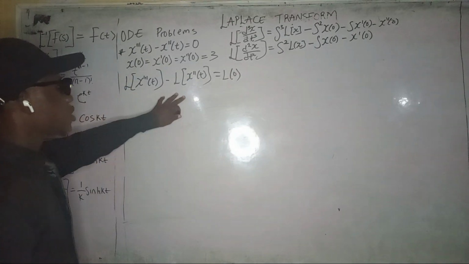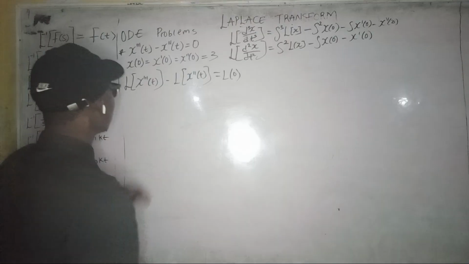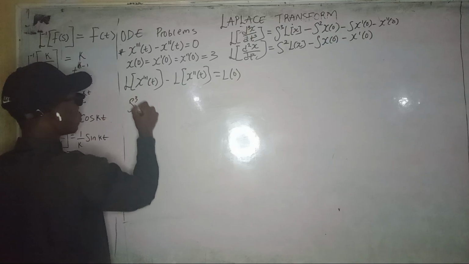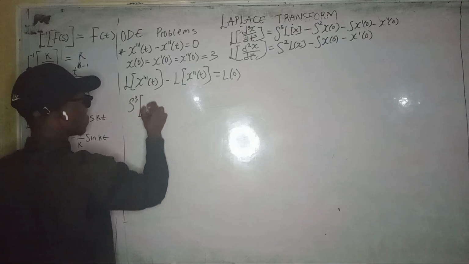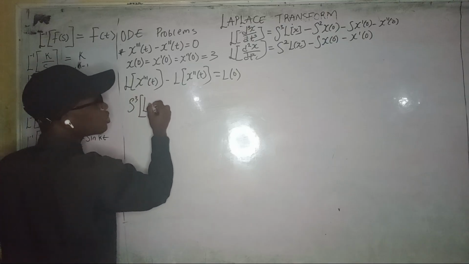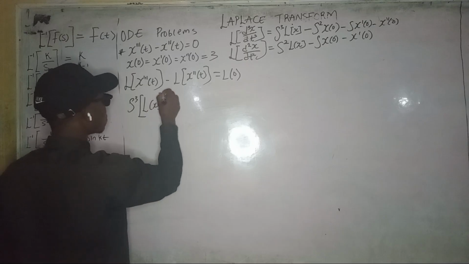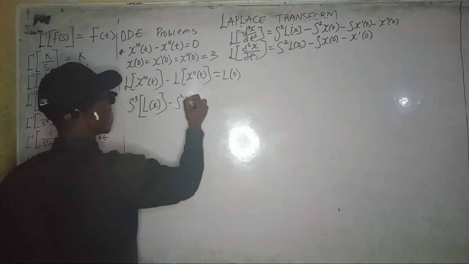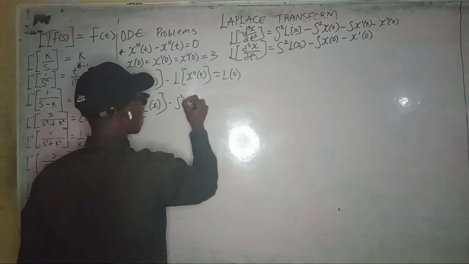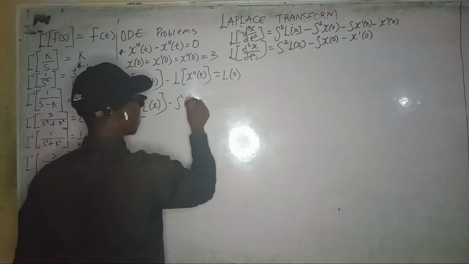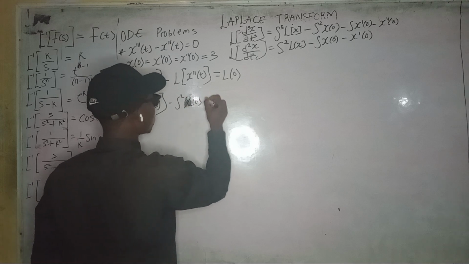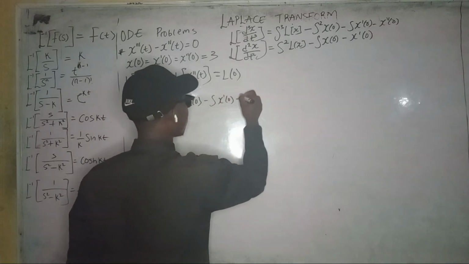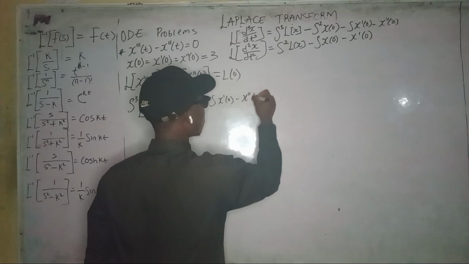After finding the Laplace transform, this gives us s cubed times the Laplace transform of x, minus s squared times x naught, minus s times x prime naught, minus x double prime naught.